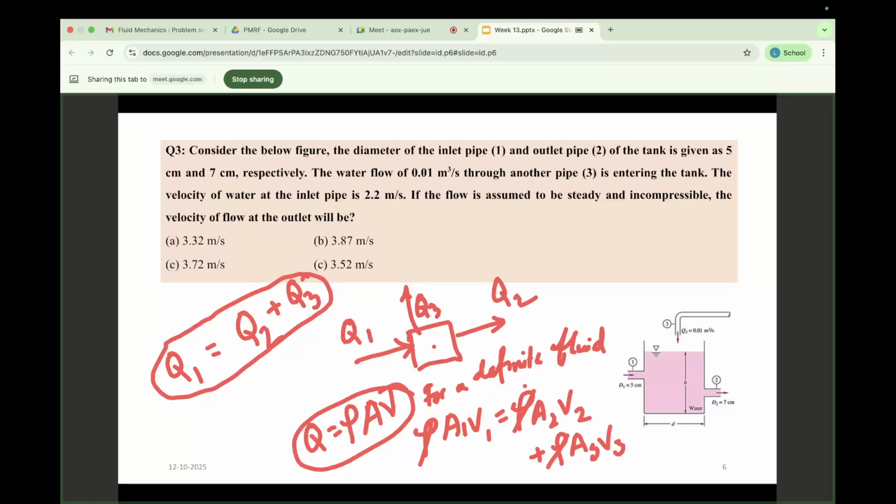Now using this concept, I think you will be able to solve this question. Please try to solve this question.